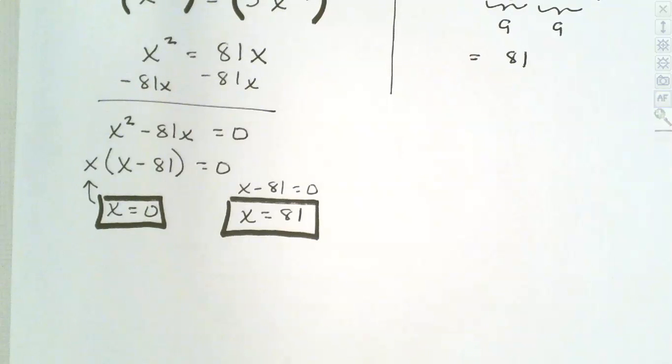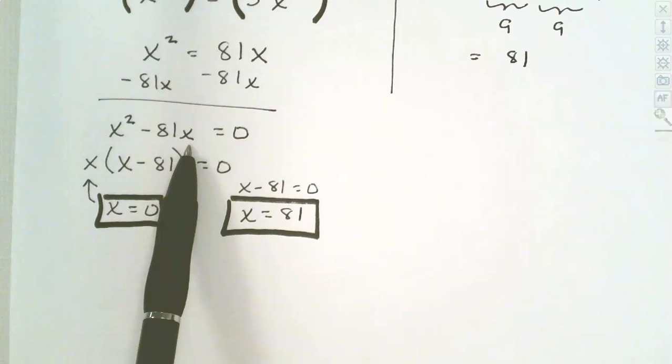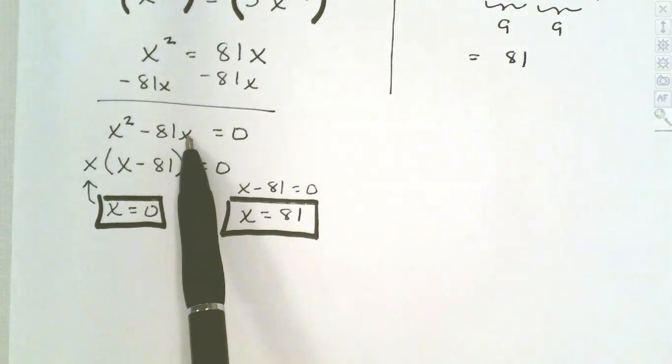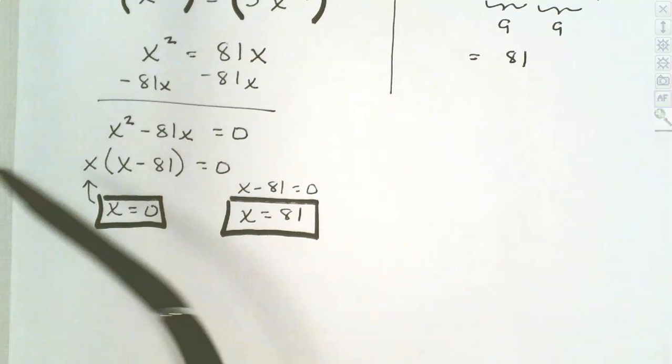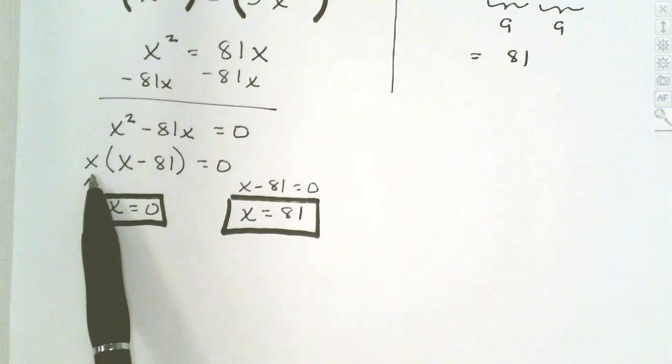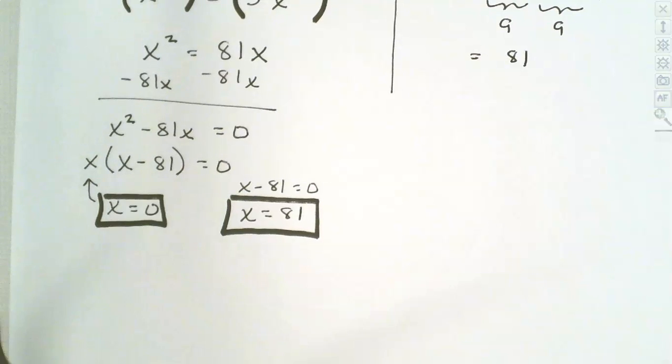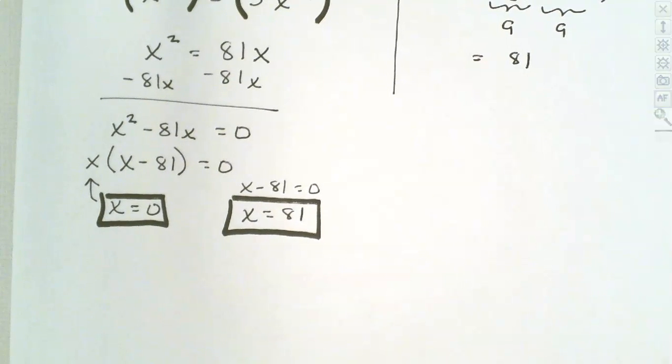We can't factor that as a perfect square because in a perfect square, we wouldn't have that x. See, if we had x squared minus 81, then we could factor that into x plus 9 and x minus 9. But because of that extra x there inside that 81, we have to factor that x out first. And then that's not a perfect square anymore because that x is not squared now. Does that answer that question? Okay.